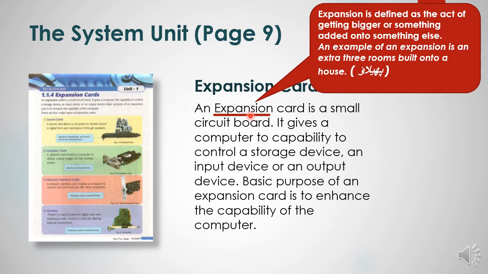It is a small circuit board. As we have studied, motherboard is also a circuit board, but that is a main circuit board. But expansion card is a small circuit board. In lecture number 3, the definition of circuit board has been given. Expansion card gives a computer the capability.